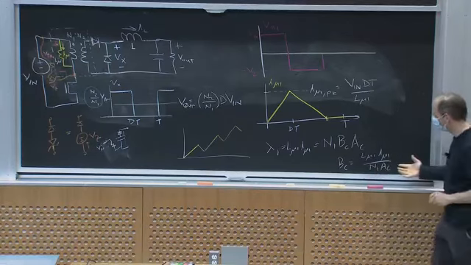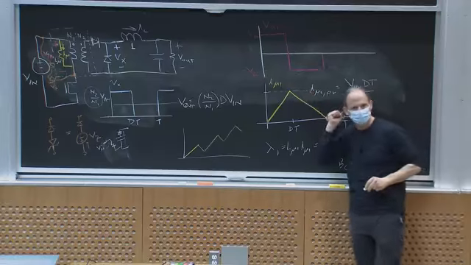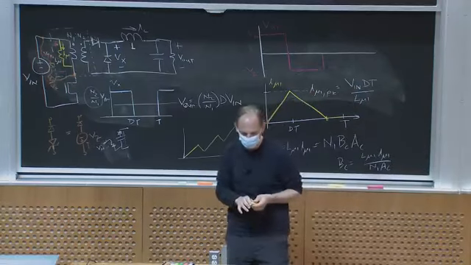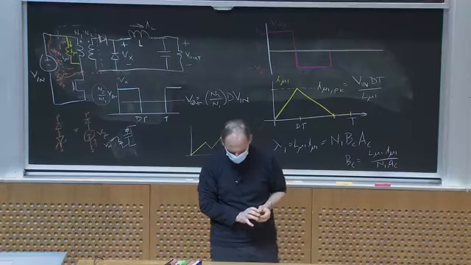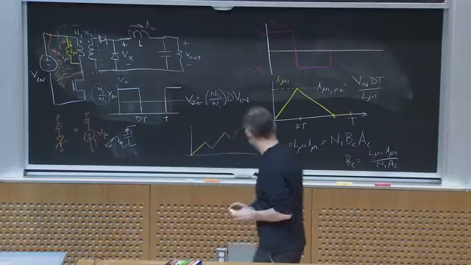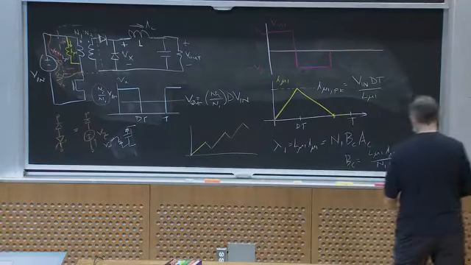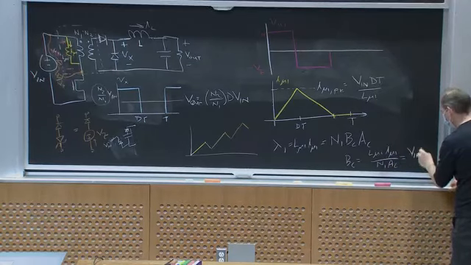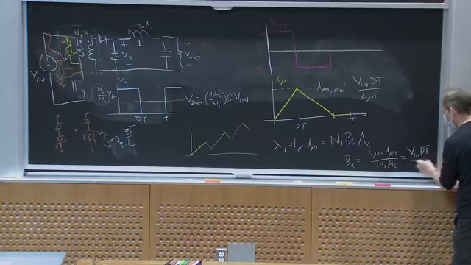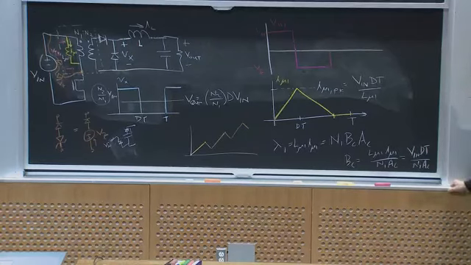And we've got to keep this peak core flux below the saturation flux density of the core. I could also rewrite this as Vn dt over N1 Ac, another way to write it.